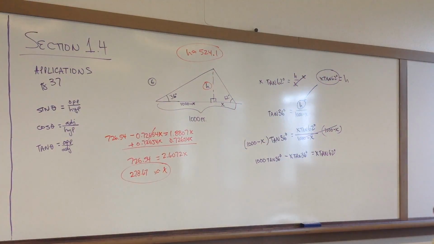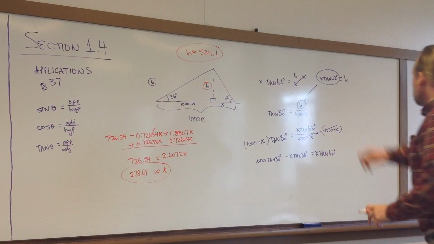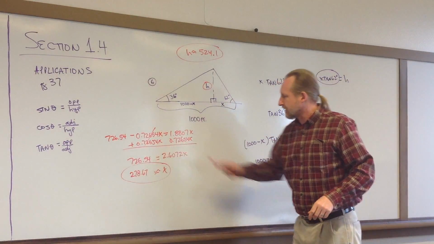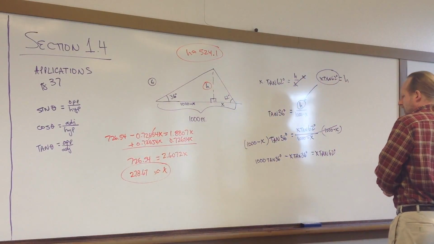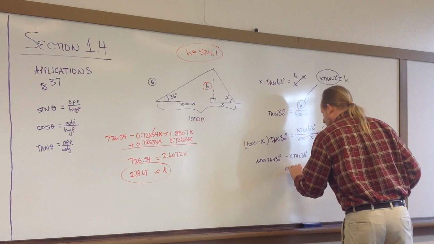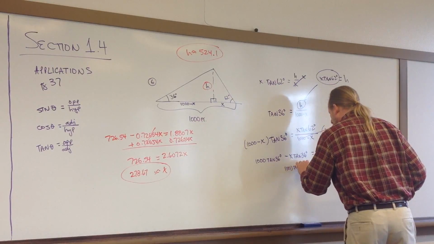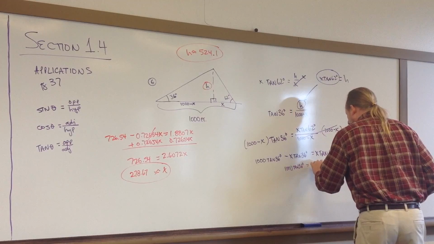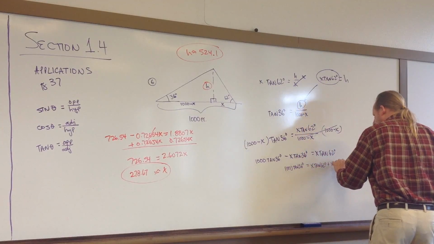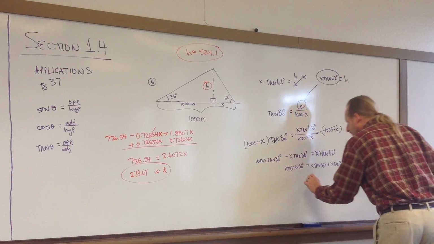Okay. Now, if we come back here, it's the same process. We're going to add this to both sides. And so that'll give us 1,000 tangent 36 degrees equals x tan 62 plus x tan 36.